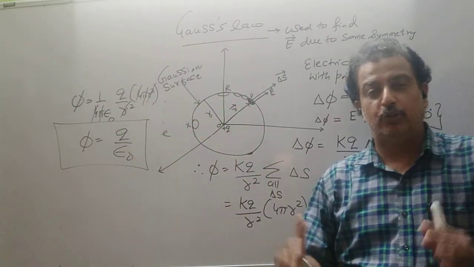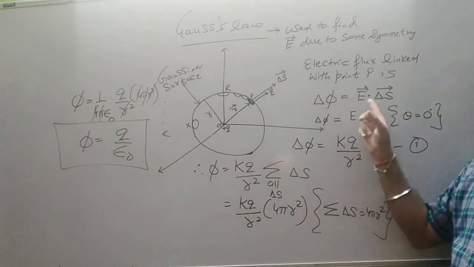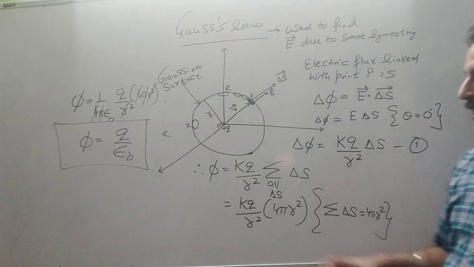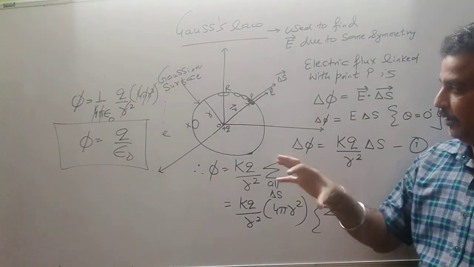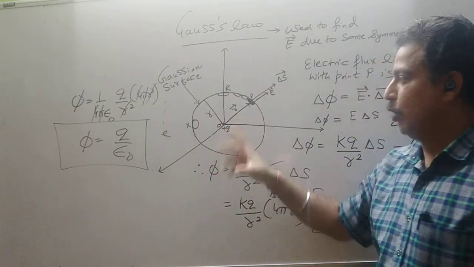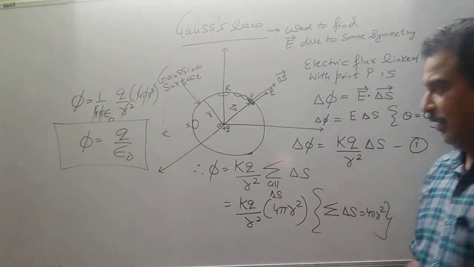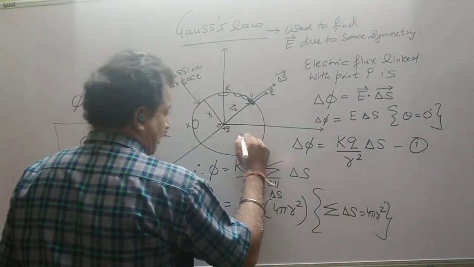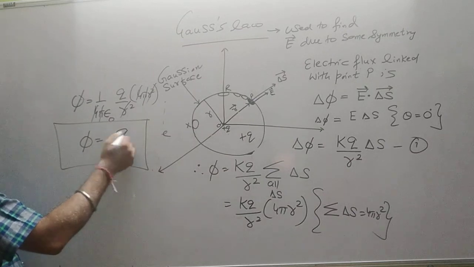So now we have two definitions for the flux. One is E dot delta S and the other is Q upon epsilon naught. Now here the charge enclosed in the Gaussian surface was a point charge. Suppose I have another plus Q charge enclosed in it. So it will be 2Q upon epsilon naught.